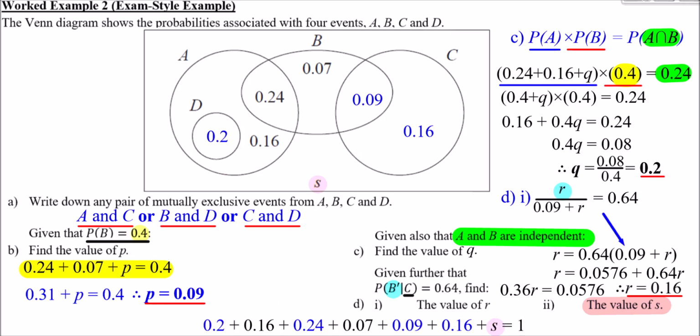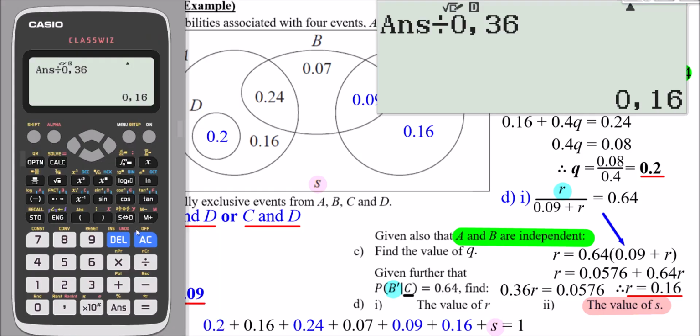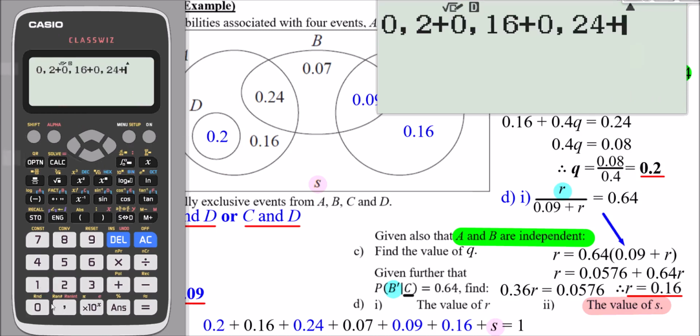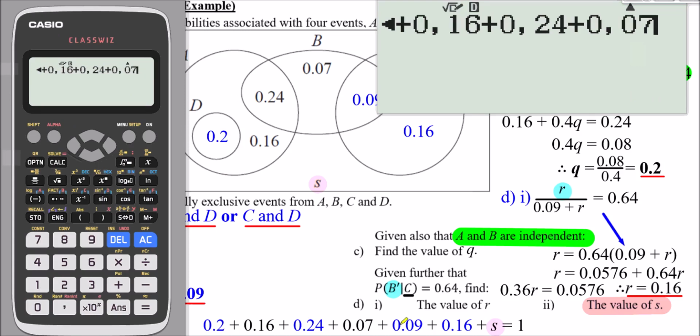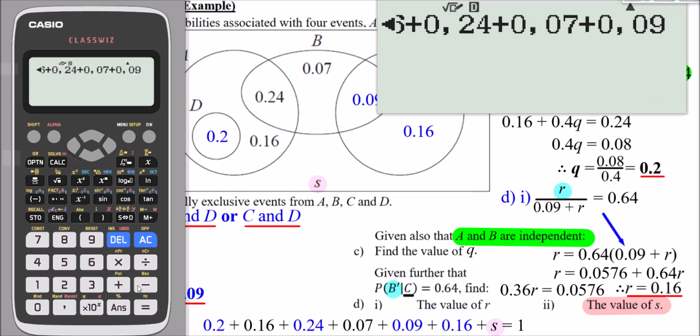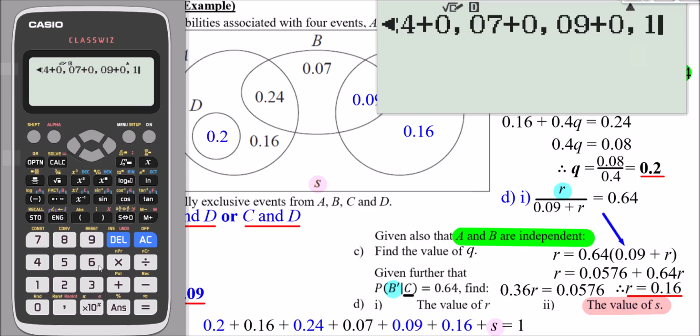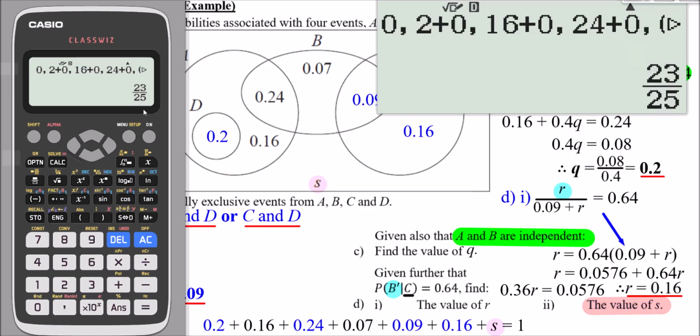So if we add up all these values to start with, we've got 0.2, then 0.16, then 0.24, and then 0.07, 0.09, and the final one, 0.16. That gives us 23 over 25, or 0.92.